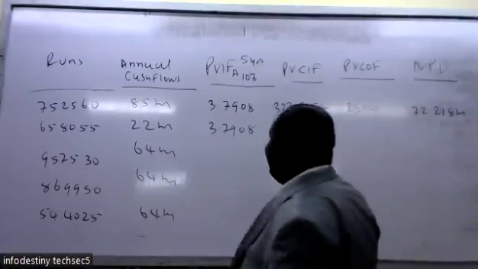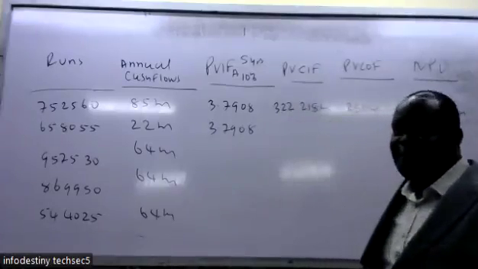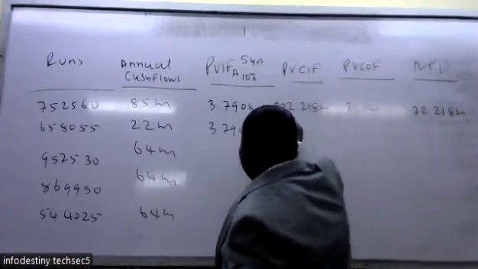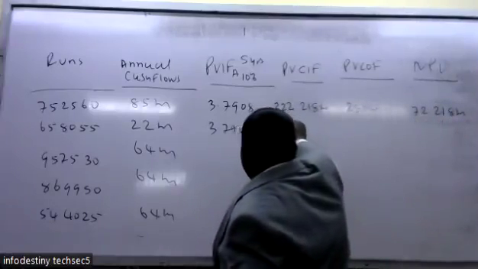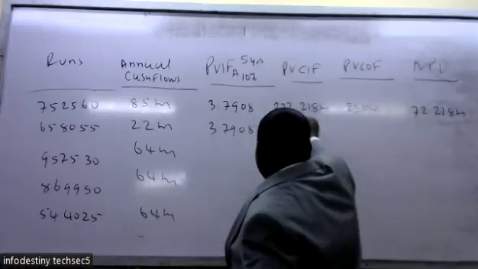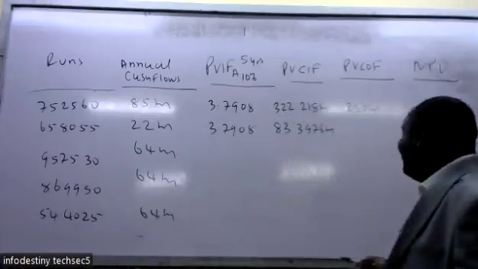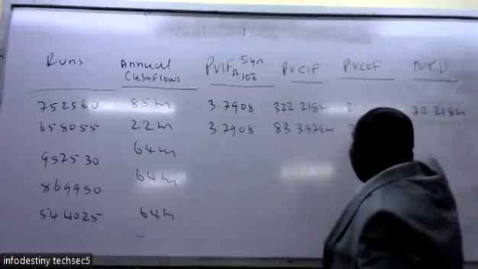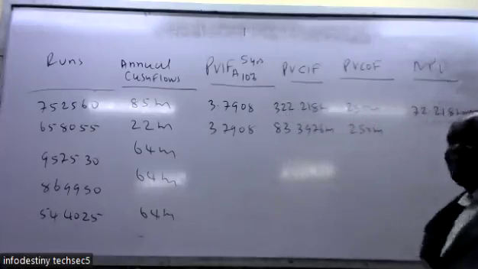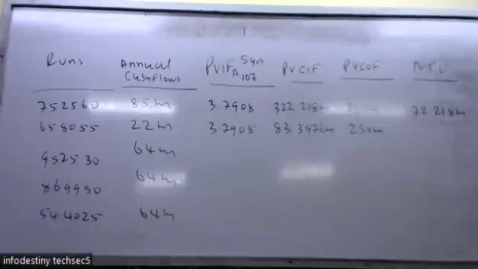So this one should give us which value? 83.3976. It will not change, it will just remain the same. So that will give us which figure?